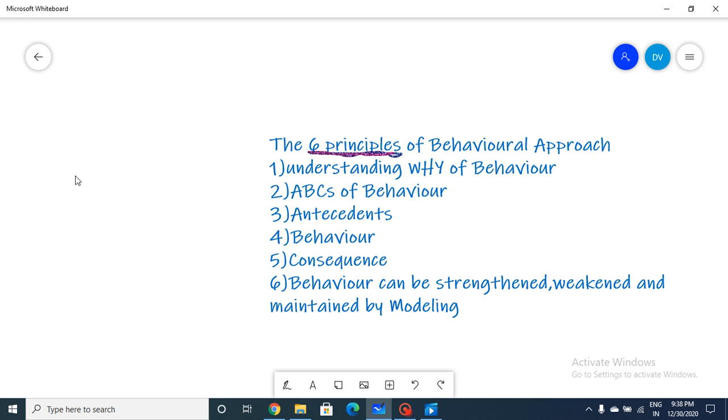So here this modeling can be strengthened, weakened and maintained. What is this strengthened, weakened and maintained? Strengthened is when the child is ignoring again and again and you allow him to do so, that behavior might get strengthened and it is very hard to make that behavior come down.